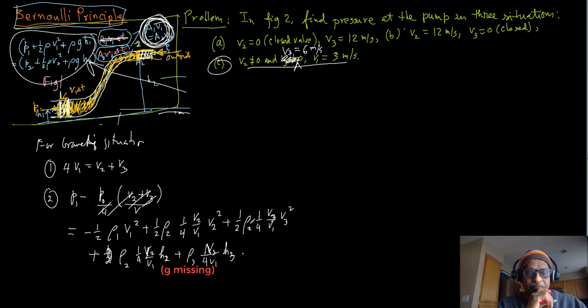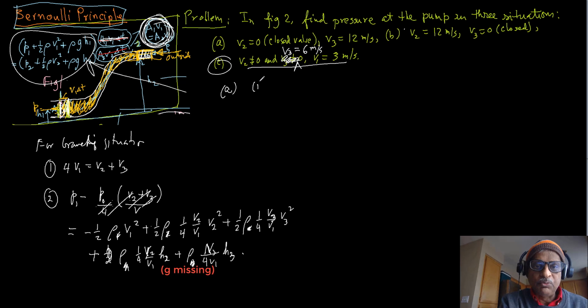Okay, now we're ready to apply this. All the rhos are just a single rho here. We don't have two liquids flowing in different places. It's the same liquid. And the V1s stay here because we don't know them yet. So we can apply to A. So V2 equals 0.